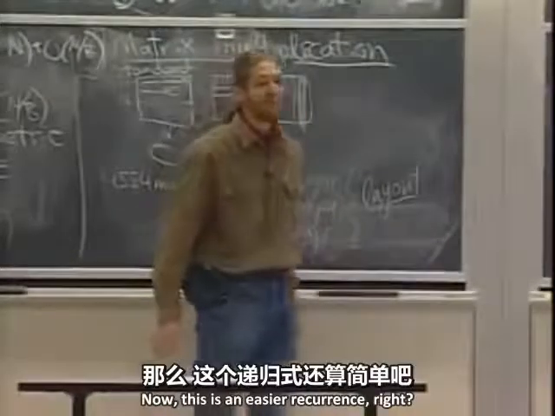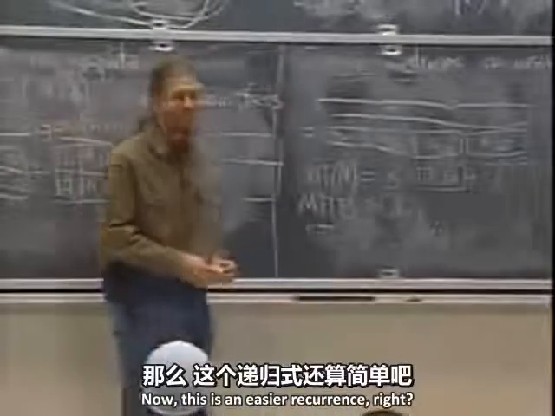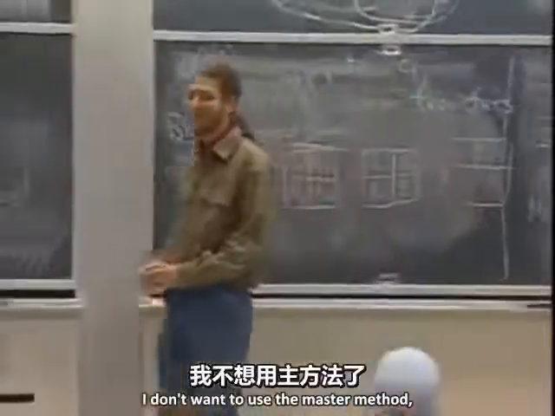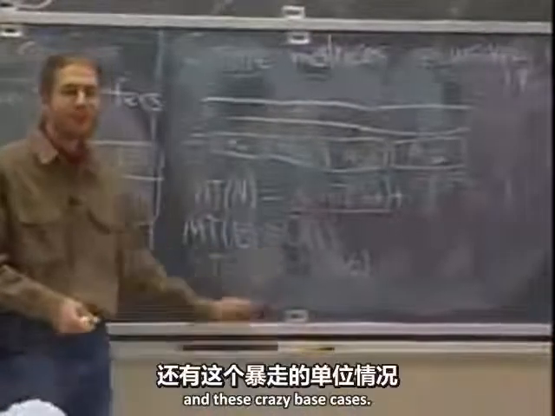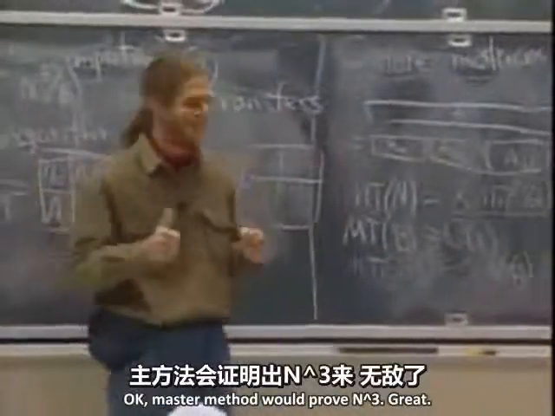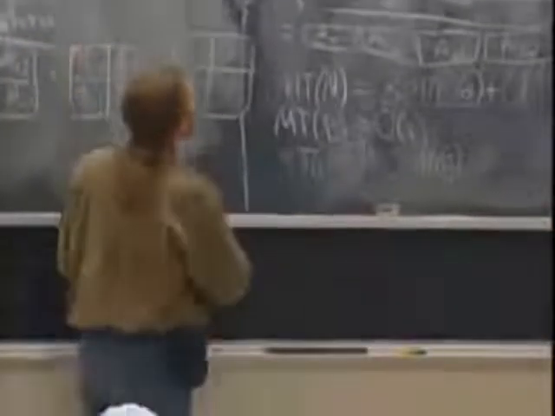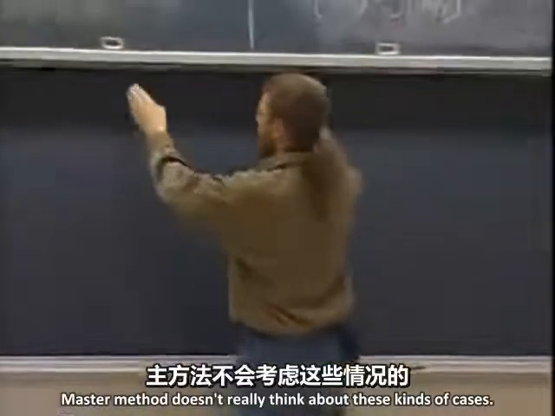Now, this is an easy recurrence. I don't want to use the master method, because the master method is not going to handle these b's and m's and these crazy base cases. The master method would prove n cubed. Great. But it doesn't really think about these kinds of cases.